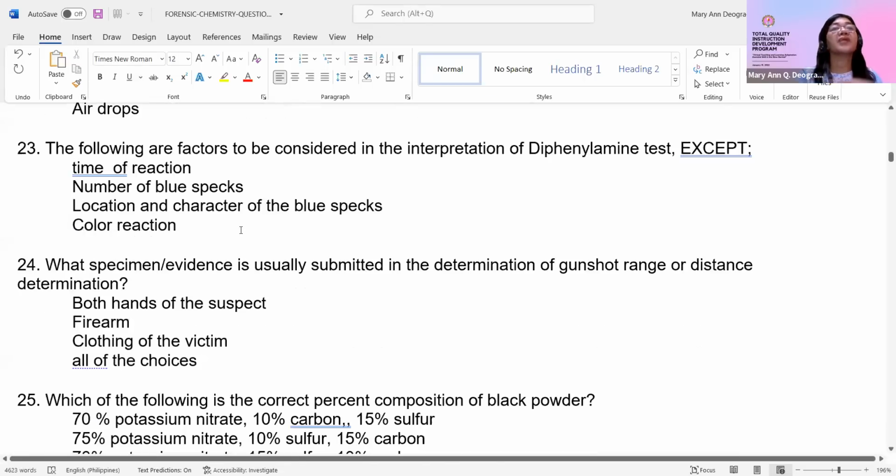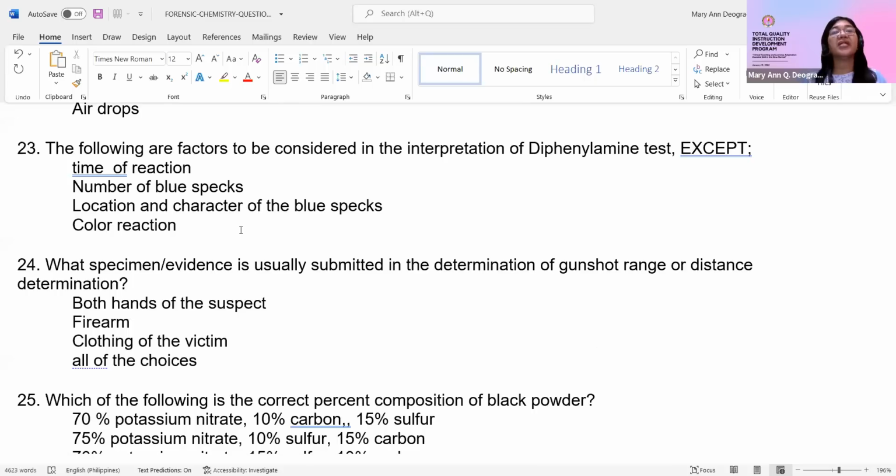23, the following are factors to be considered in the interpretation of the DPA test or DPA paraffin test, except what? A, number or time of reaction. B, number of blue specks.